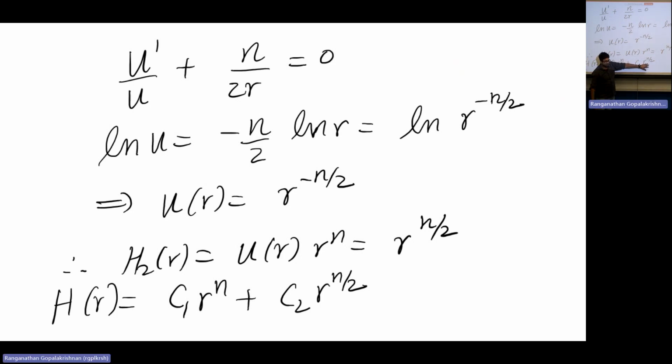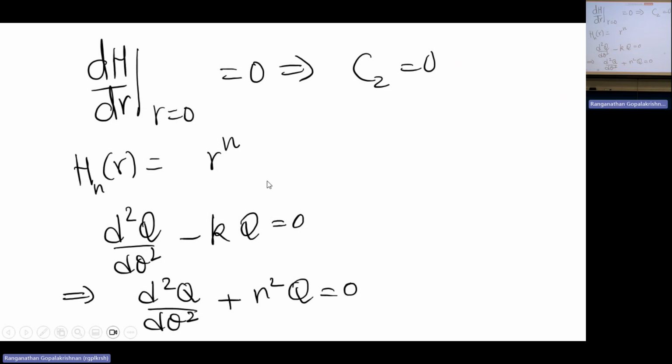It will be fine everywhere, even for other values of n other than 0, but for n equal to 0, this will be r power minus half, which is now a problem because r power minus half at r equal to 0 will blow up. So we have to avoid that possibility by setting C2 equal to 0. So that is how you use the information at the center to set C2 equal to 0.